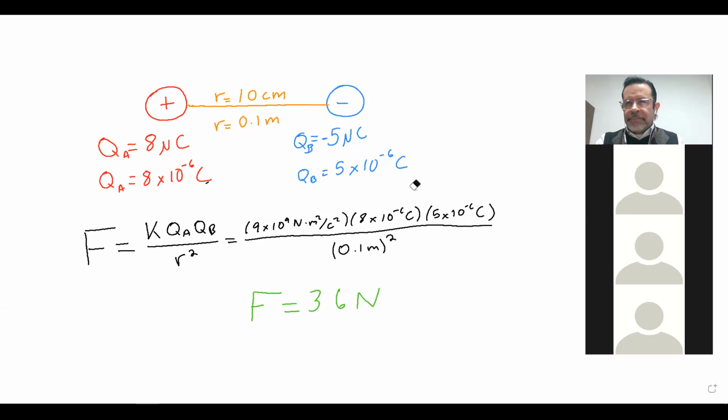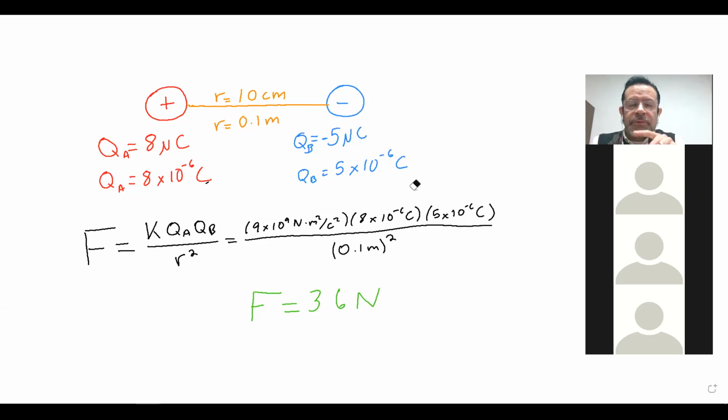It's like pi, Andrea. If we were doing a calculation with pi, I could say use 3.14. What I mentioned at the beginning is that for these exercises, we're going to round it up to 9 times 10 to the 9. Okay. Yes, thank you. So it's 36.